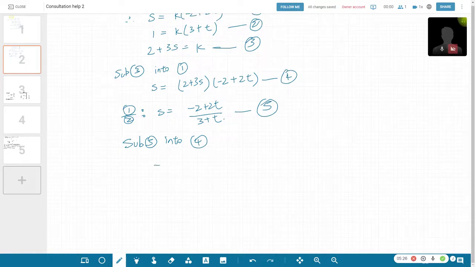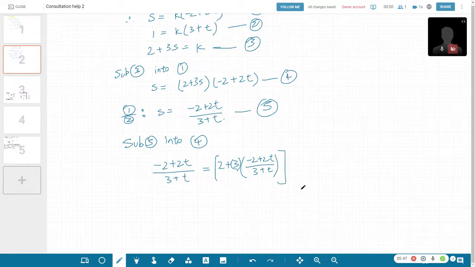You get minus 2 plus 2t over 3 plus t equals 2 plus 3S, so you get 2 plus 3 of minus 2 plus 2t over 3 plus t, times minus 2 plus 2t. So this and this are the same, the numerator. We can actually cancel out.